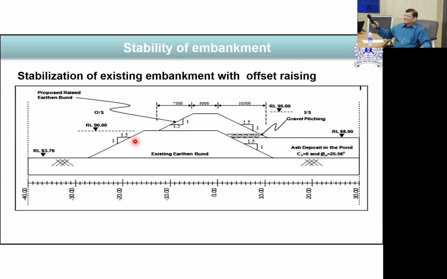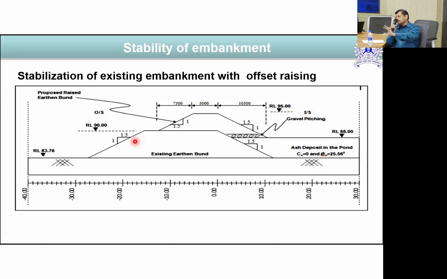And in most of the drawings I found, the slip circle begins at the top and ends at the toe. That's the idea, because it's not a full-scale failure. A small local failure we are ignoring. We want to see whether the whole dam is failing. That is the main thing we want to protect.